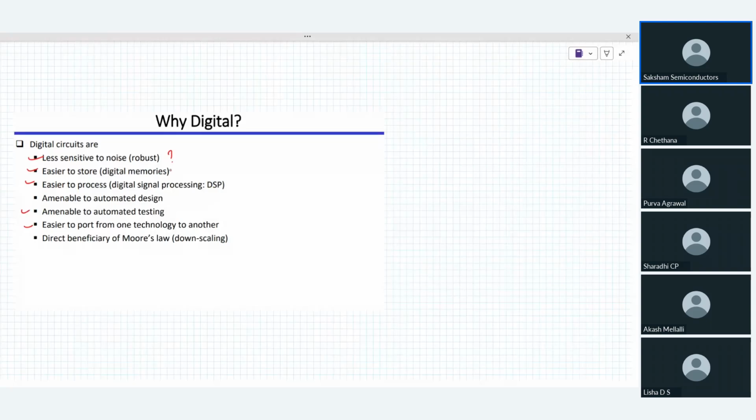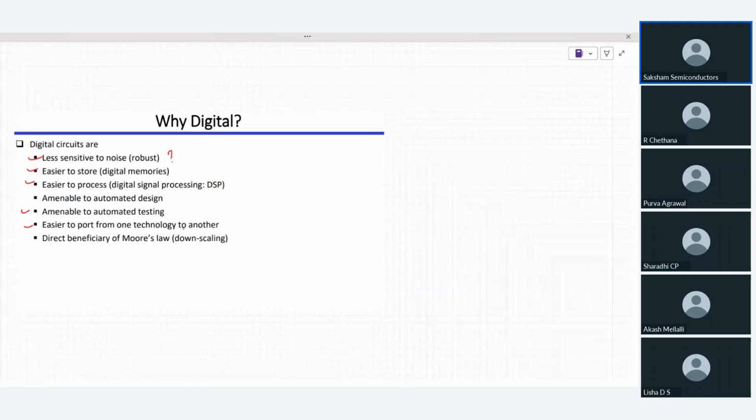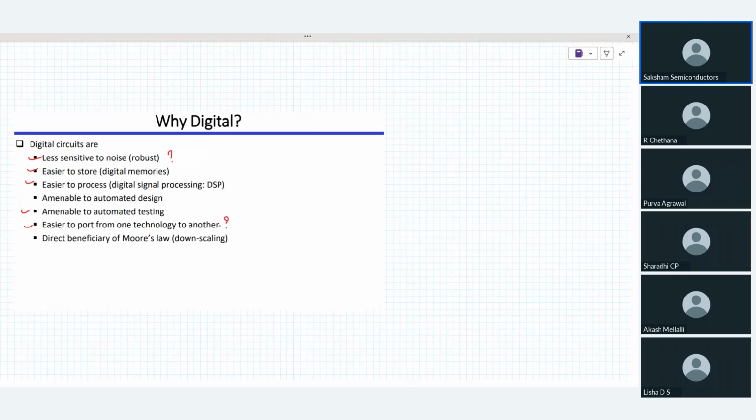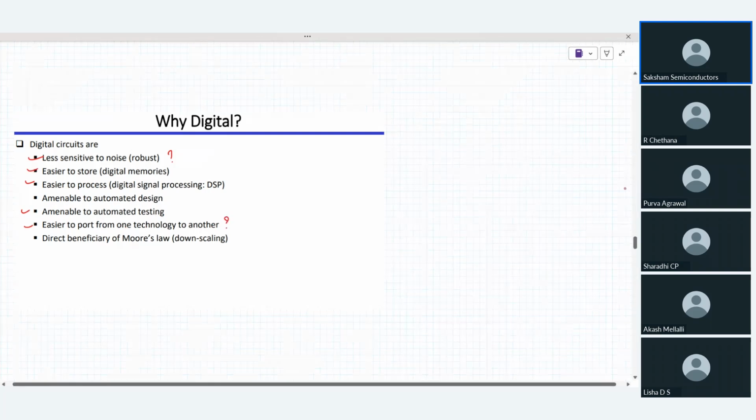Of course, for storage purposes we know, but how are they effectively less sensitive to noise, and how are they easier to port from one technology to another? We'll try to address some of these questions in the upcoming sessions when we get into the actual design aspects, where we'll be using both analog and digital components.